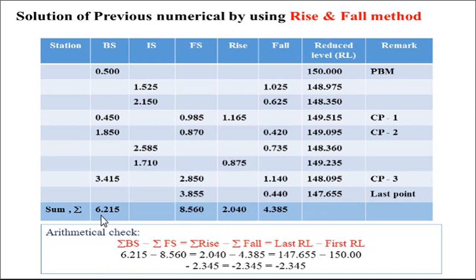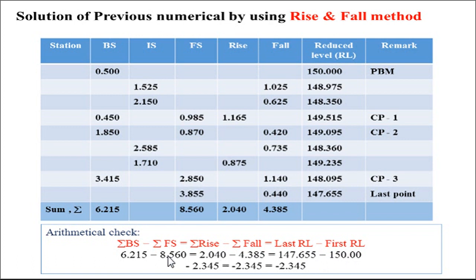So the summation of BS is taken like this, minus the summation of FS, 8.560, is equal to the summation of rise, 2.040, minus the summation of fall, 4.385, and is equal to the last RL, 147.655, minus the first RL, 150.00.